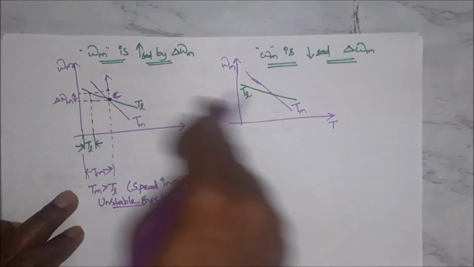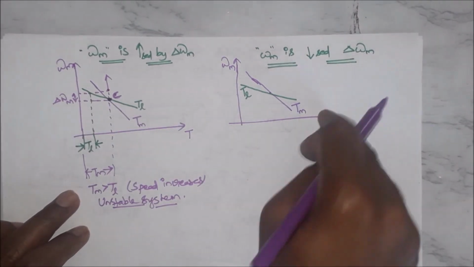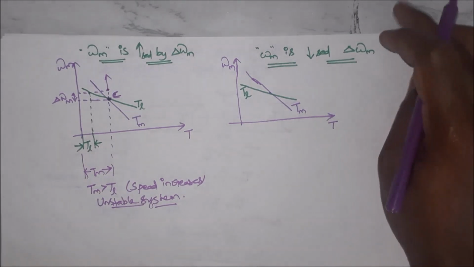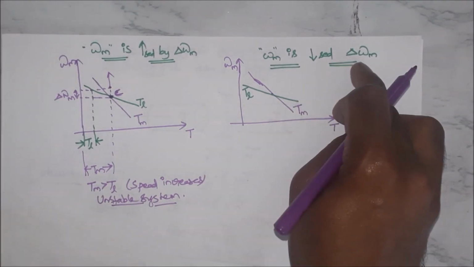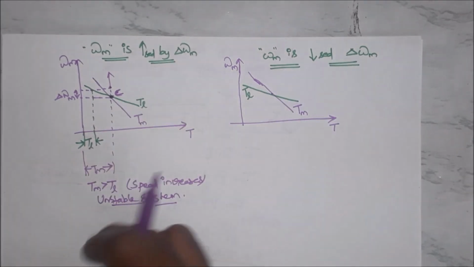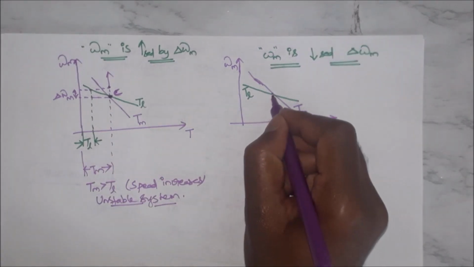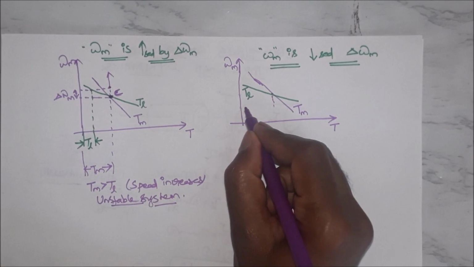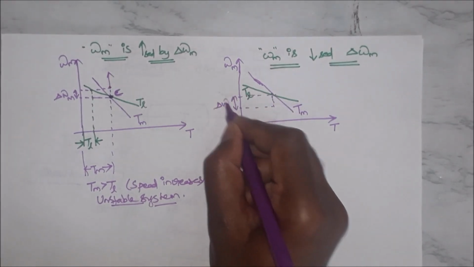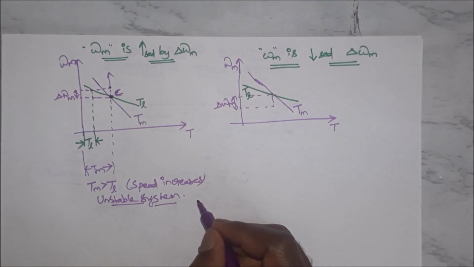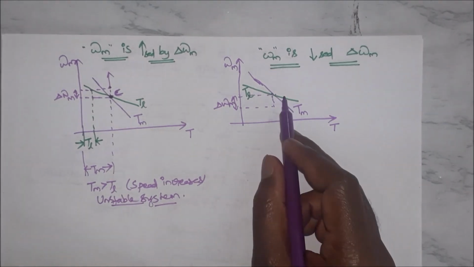Let us consider the same example with the second case, decreasing the speed. Let us check what happens when your speed is decreased by delta omega m for the same example. So let me decrease this much by an amount of delta omega m. Now let us check what is the value of Tm and what is the value of TL.